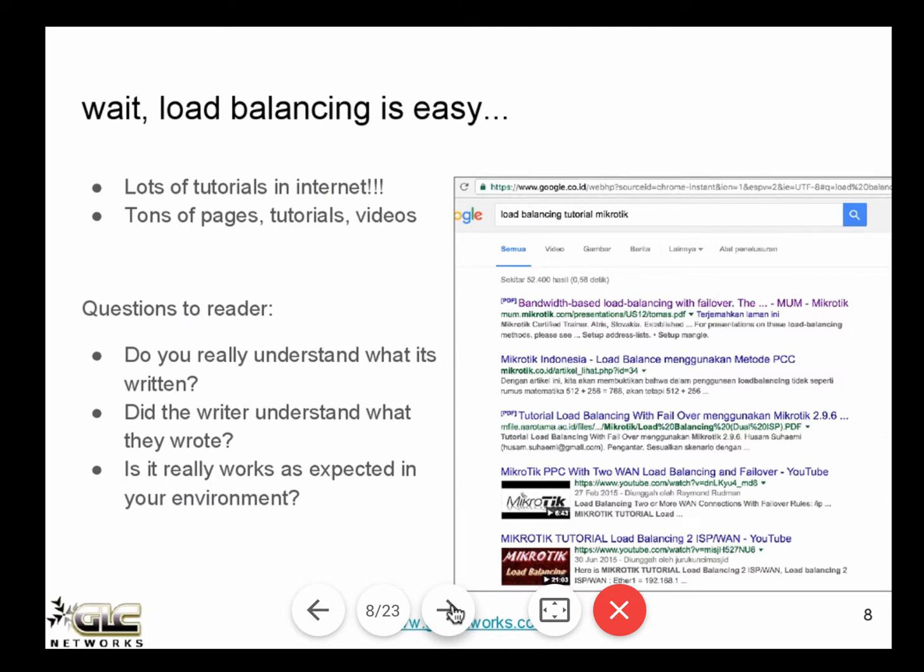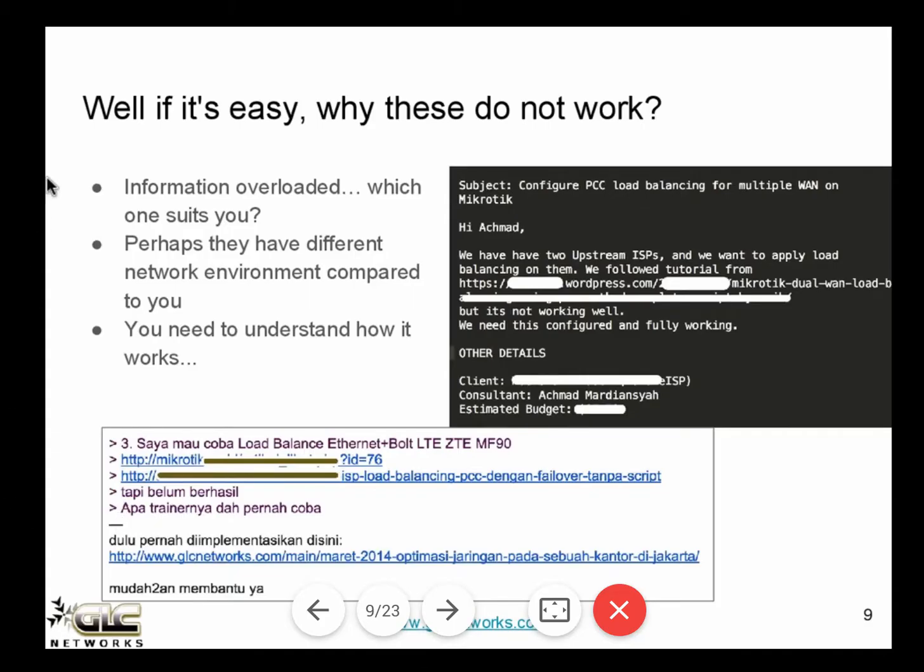I'm not saying that all tutorials on the internet are crap, no. But some of them, maybe they don't understand what they are saying. Next question: does it really work as expected in your environment? Maybe yes, maybe no, right? Well, if it is easy, why does this not work?